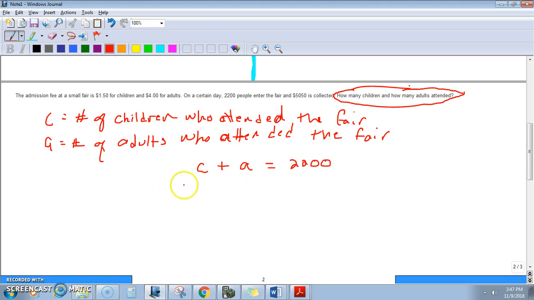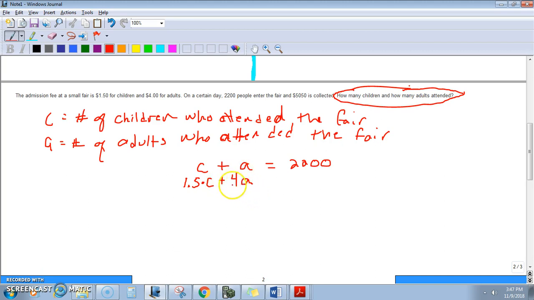And then we know that all of the tickets sold made $5,050. So if it was $1.50 per, so we'll do times each children's ticket, and it was $4 for each adult ticket.